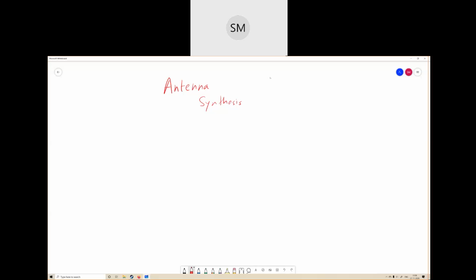We will be given the radiation pattern and we need to find the antenna array which will match the given radiation pattern. So we will be given a particular pattern which we desire and we have to find an antenna array which will give us that pattern. So this is antenna synthesis.